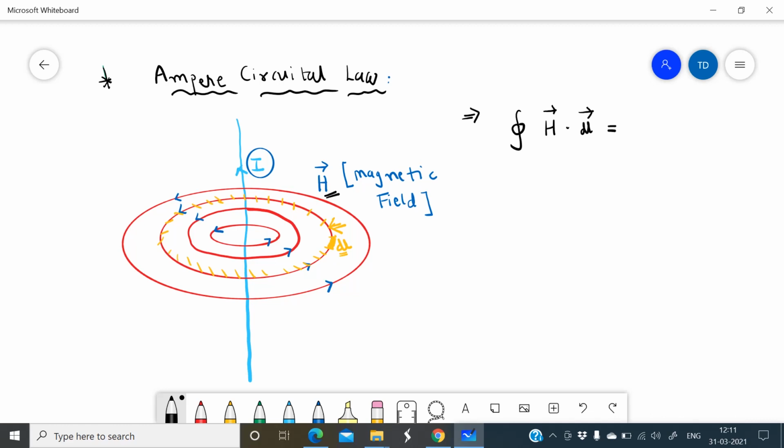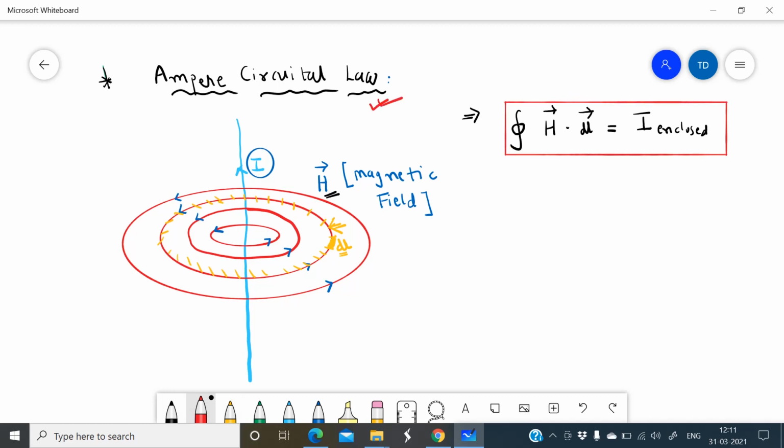The current enclosed by this circle is capital I. So it is equal to I enclosed. This statement is known as the Ampere circuital law: the closed line integration of magnetic field intensity is equal to the current enclosed by that path.